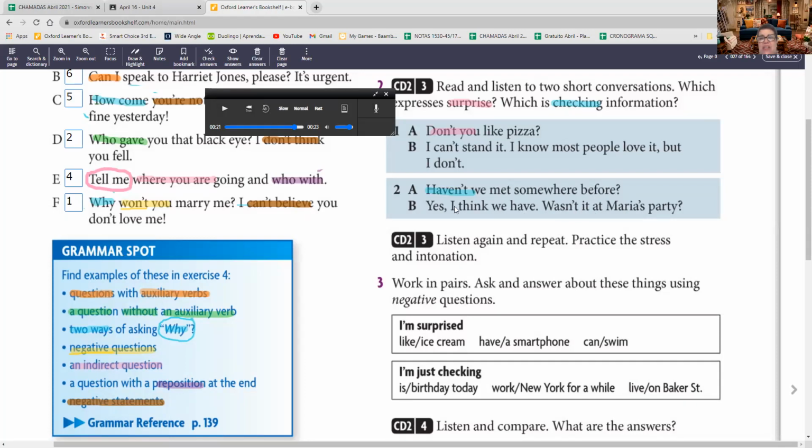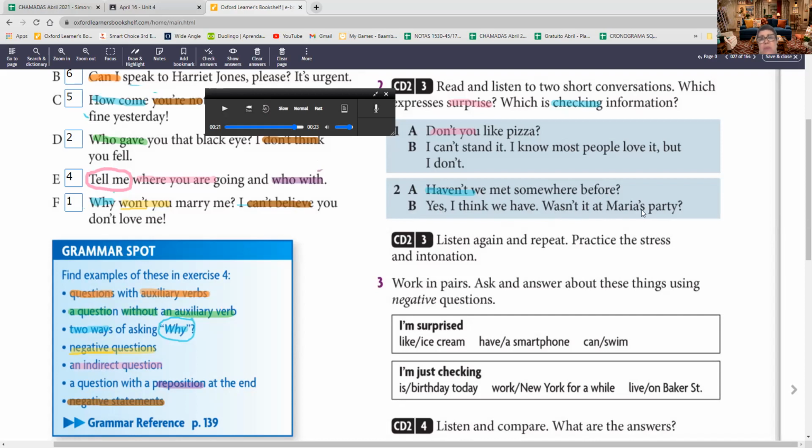Okay. So let me give you some tips about linking words. When we say, haven't we met somewhere before, you don't really put pauses in the middle. We just say them in a row. Haven't we met somewhere before? Good. Much better. And yes, I think we have.